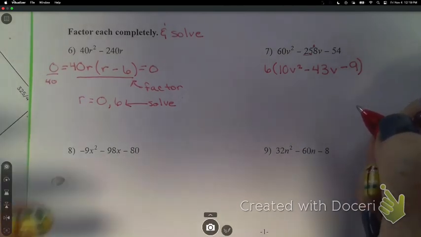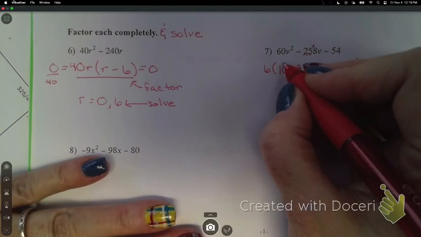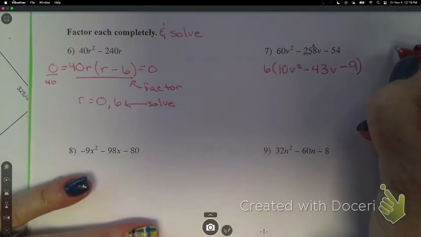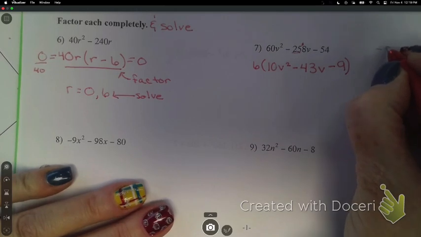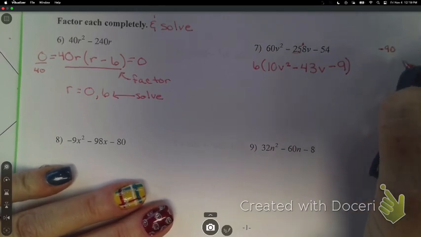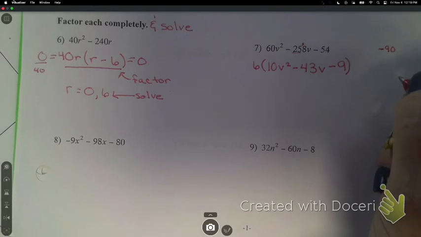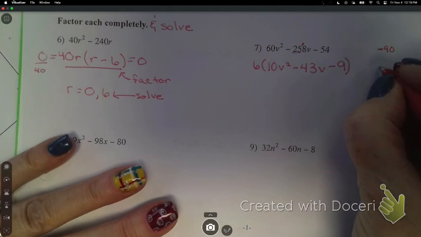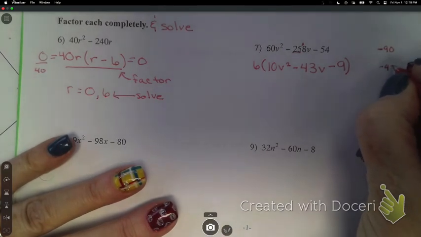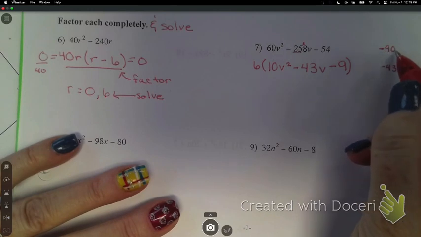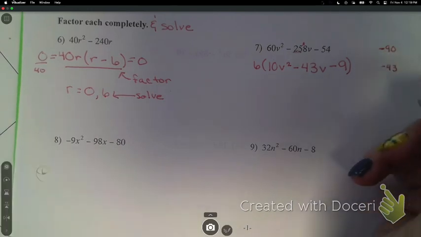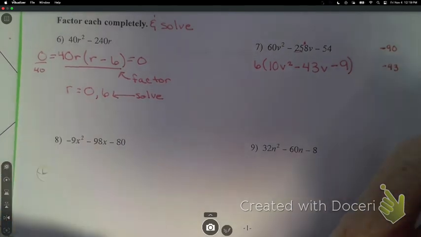Okay, so now I take a times c. So I get what? Negative 90. So that means my two things are going to subtract to get what? Negative 43. So what are the factors of 90 that when you subtract them, you get 43? Negative 45 and positive 2.